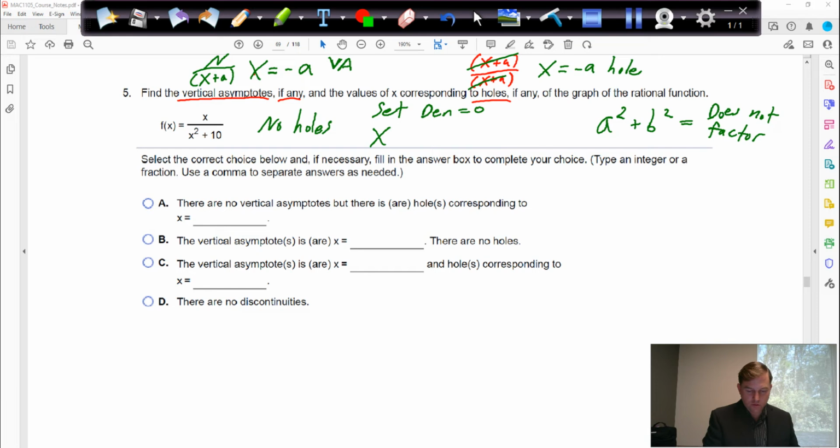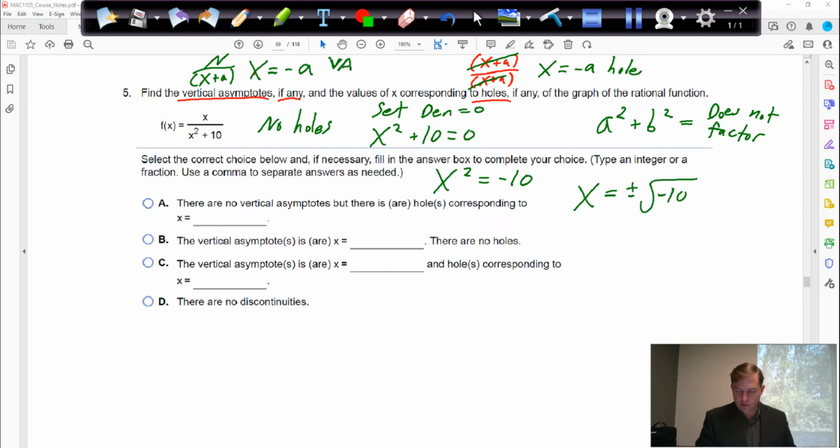So let's just set that whole thing equal to 0. Subtract 10 from both sides, get x squared equal minus 10. Take a square root of both sides, adding the plus or minus. But this is just like that one where we had minus 4. We can't do this, so this is not a real number.